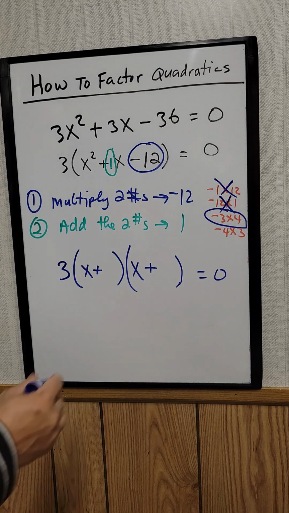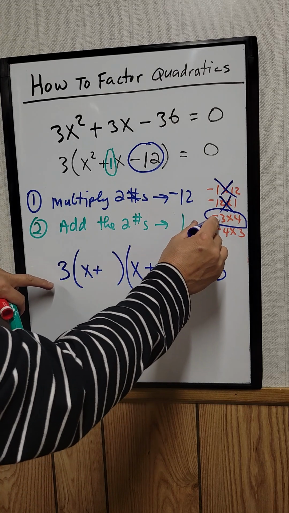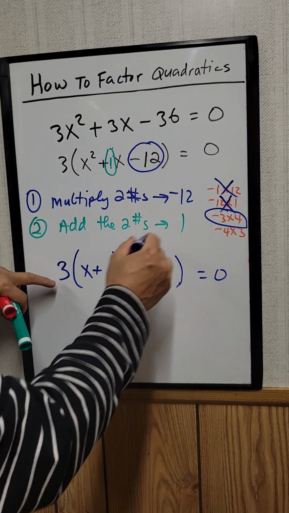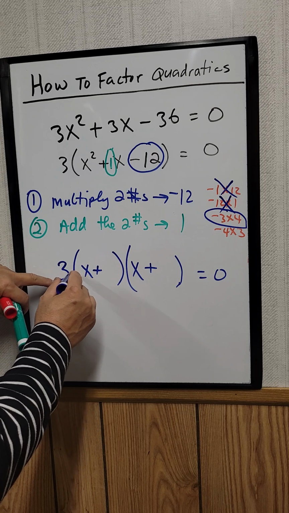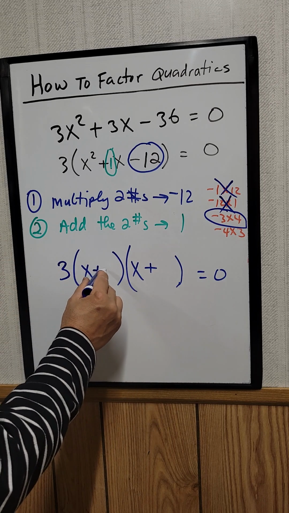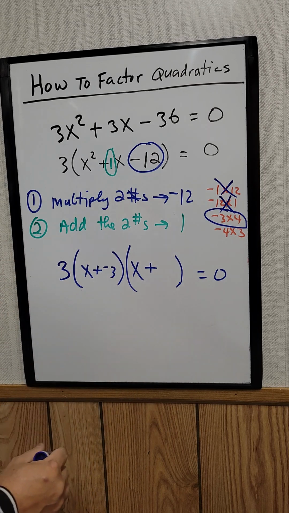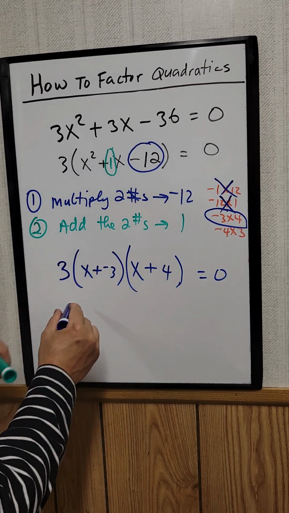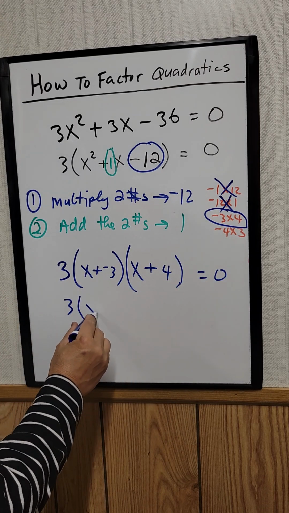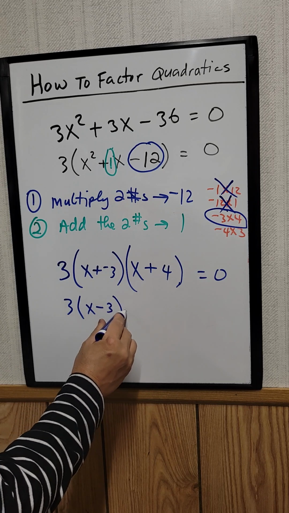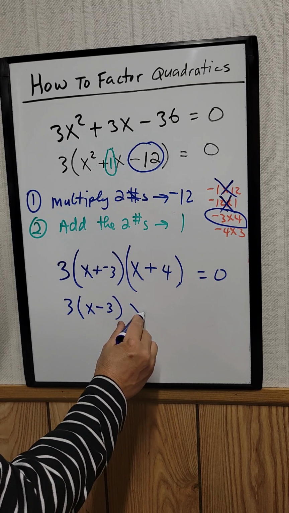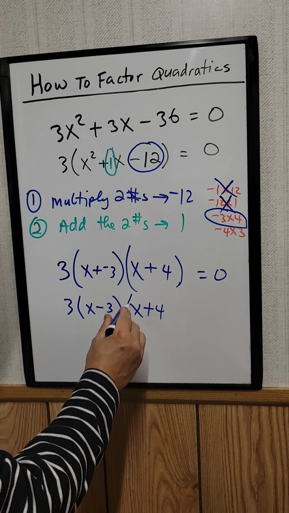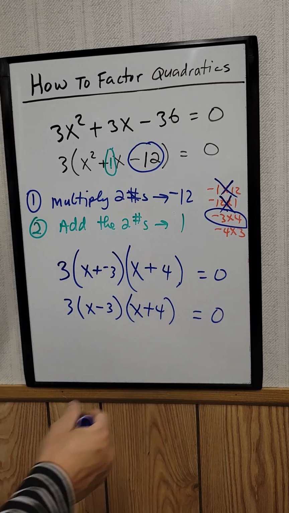Okay, so these are the two numbers we need right here: x minus 3 and then x plus 4. Now we can rewrite this right here. We can say 3 times x minus 3 times x plus 4, equal to 0.